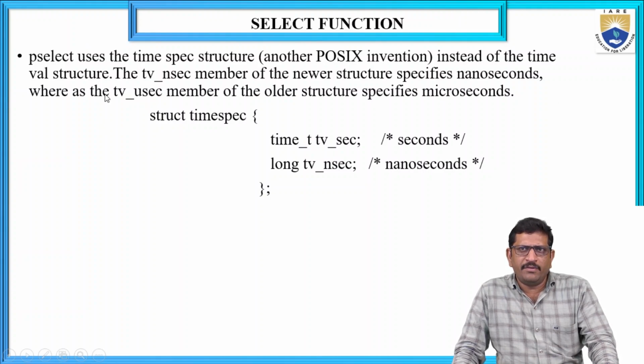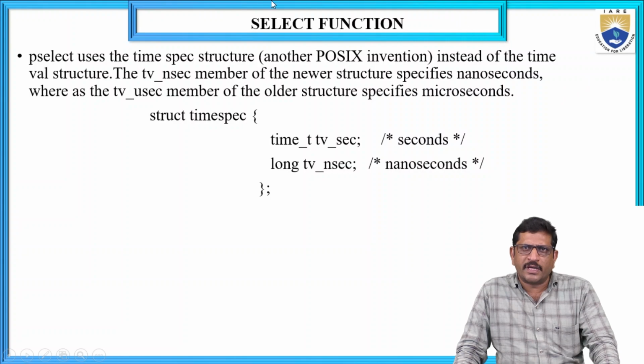That is tv_nsec, the time value measured in nanoseconds. The tv_nsec member means the time value can be specified in terms of nanoseconds. It is a member of the newer structure, which specifies nanoseconds, whereas tv_usec is the member of the older structure, which specifies microseconds.